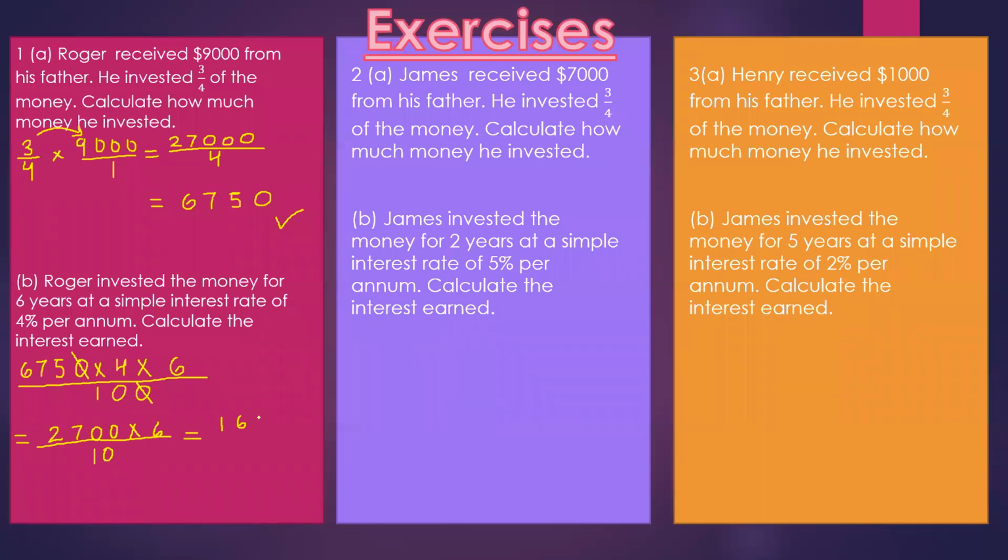Good. And then when you divide that by 10, you get 1,620. Good. So these two cancel out, so we get 1,620. Thank you very much, Moesha. You're welcome. Good.